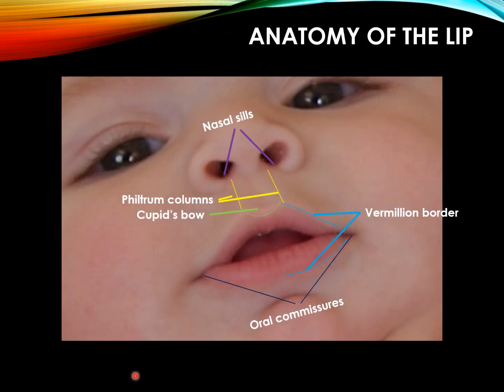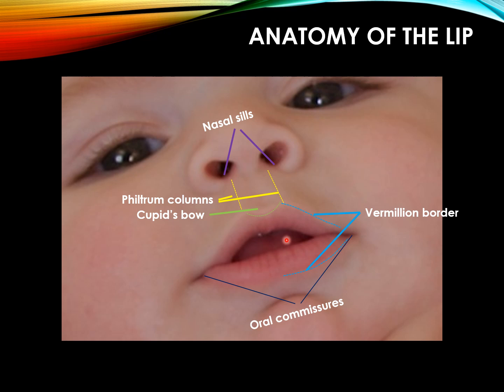And now let's mention the anatomy of the lip. This picture depicts anatomical features of the orofacial area that are usually mentioned when discussing the anatomy of orofacial clefts.